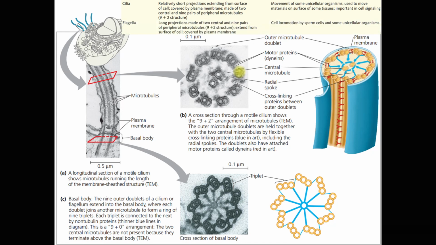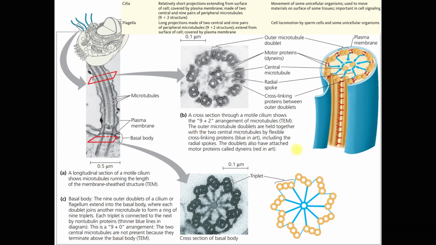Now flagella. Flagella is the tail of the cell. Prokaryotic cells, most of them, have flagella. But for eukaryotic, only some cells have flagella. One example is the sperm cell. Flagella are long projections made of two central and nine pairs of peripheral microtubules.